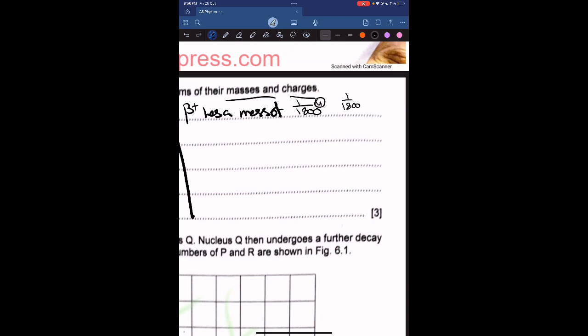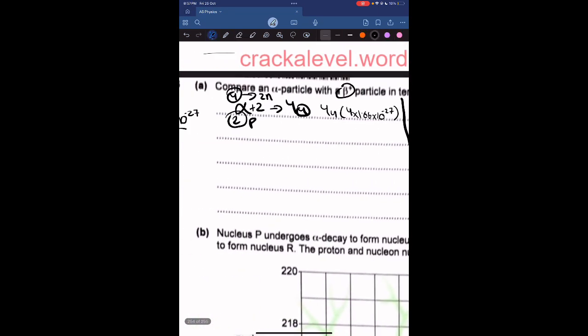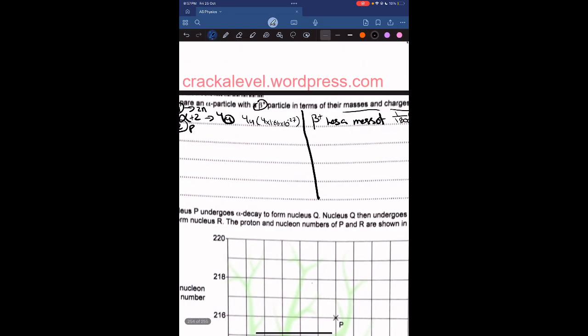Apples and bananas. 1/18 u. You can write 1/18, you could write 1/1836, or even 1/40, because all of these values are accepted. The actual mass of an electron is 1/1836 u. But 1/18 is the most repeated valid answer that I've seen in the marking scheme, but all three answers are accepted.